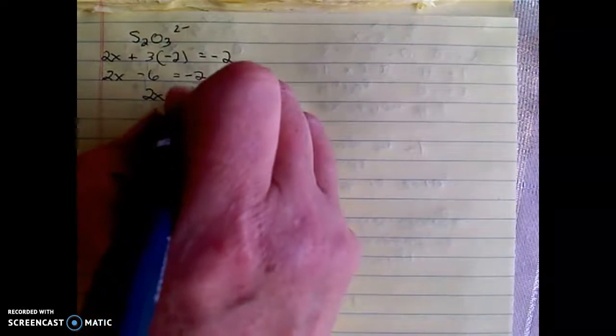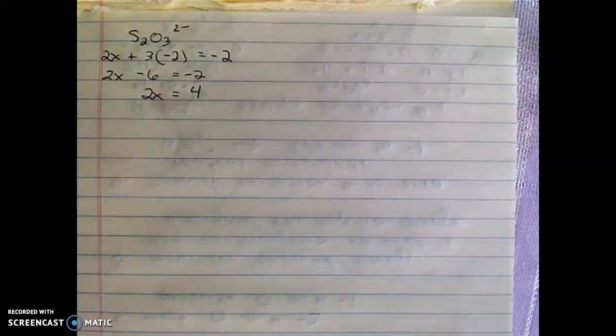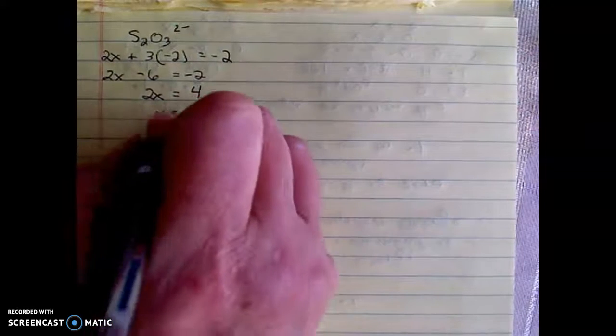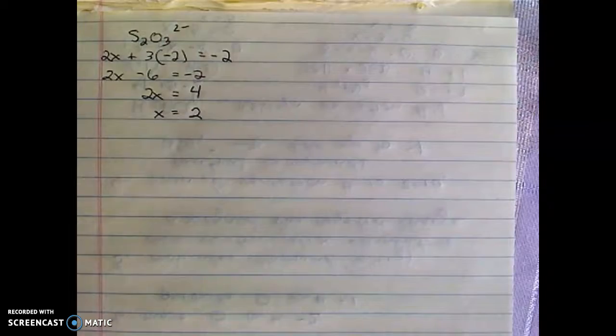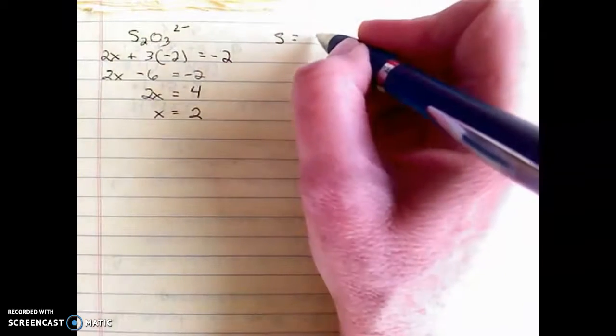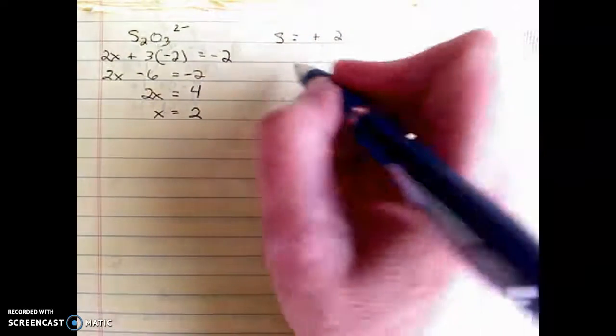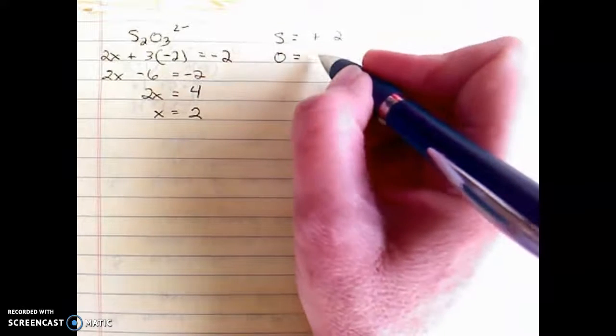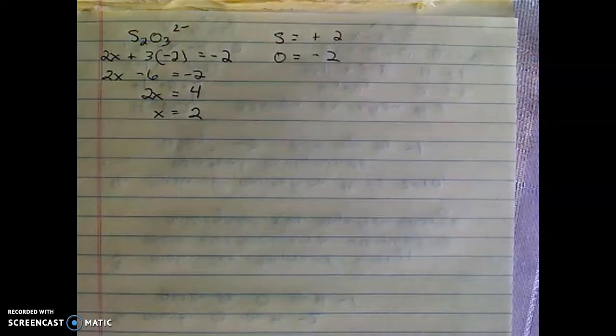And in this case, this all has to be equivalent to a -2. So we're going to have 2x minus 6 equals -2. So that's going to give you 2x is equal to 4, because you're going to add 6 to both sides. So therefore x is a +2. So the oxidation number for sulfur is a +2, and the oxidation number for oxygen is a -2.